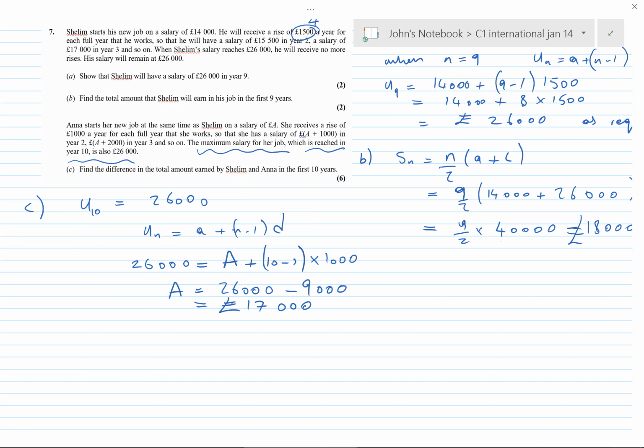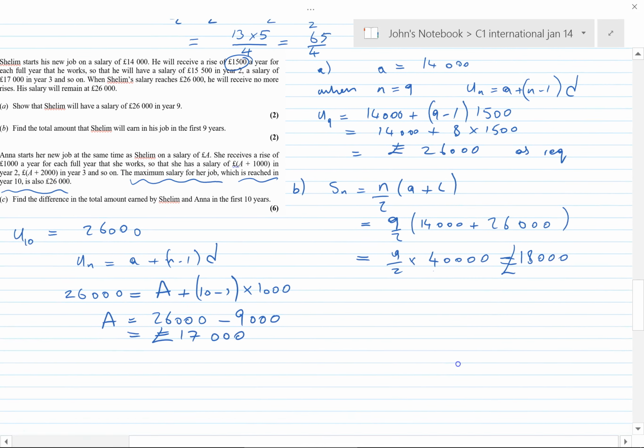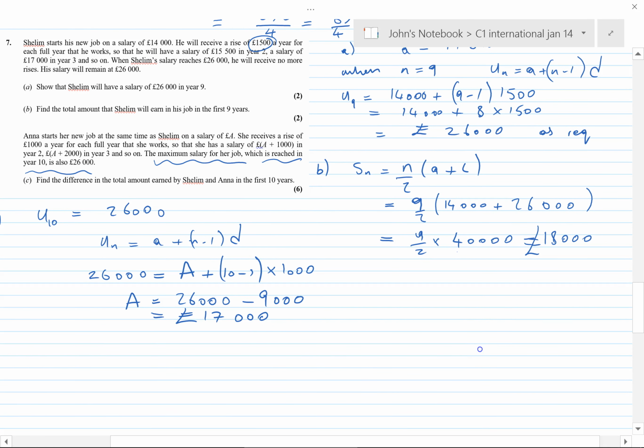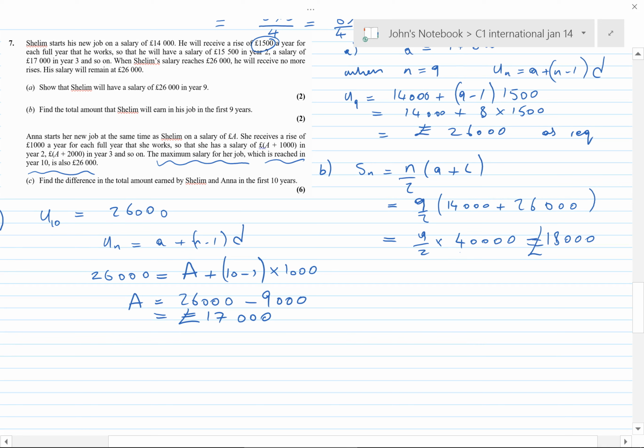Then it says find the difference in the total in the first 10 years. Now, we've got to be a little bit careful here because Salim will have earned in 10 years the amount that he's earned for the first 9 years.